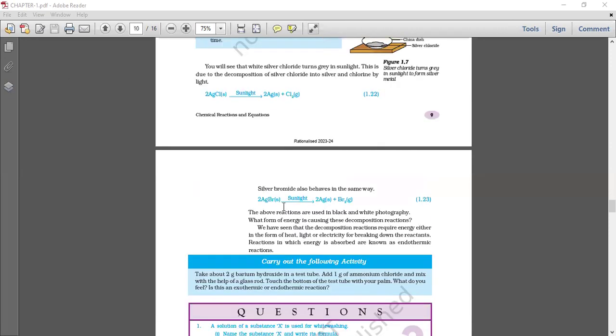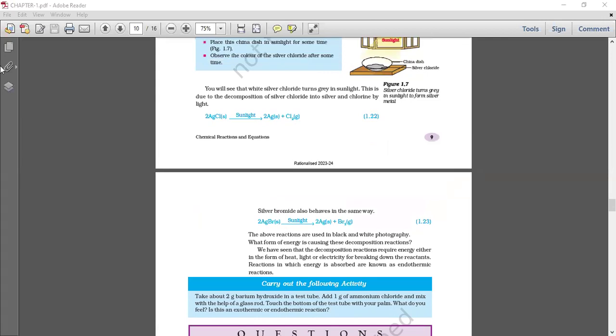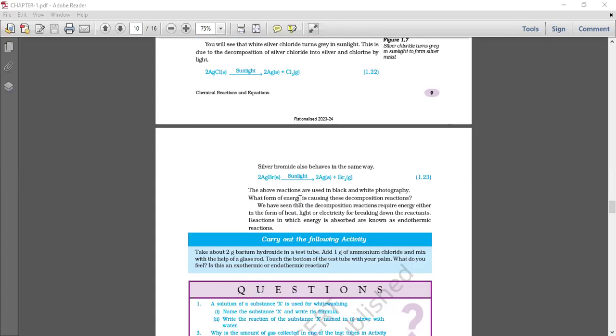This is a very important question which can be asked in MCQs. Silver chloride changes into gray color after absorbing the heat. Similarly, silver bromide also behaves in the same way. It also absorbs the heat and changes into gray color. What is the use of silver chloride and silver bromide?